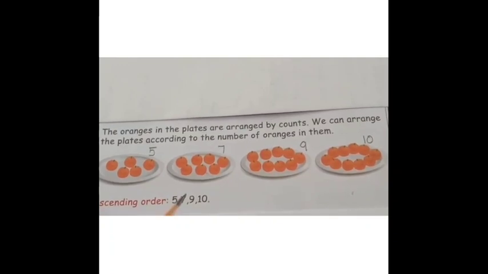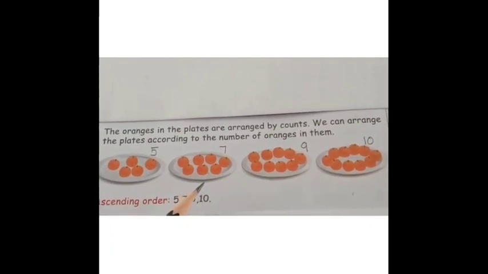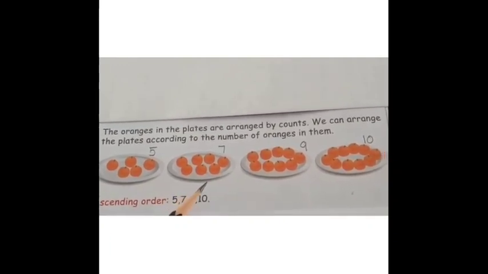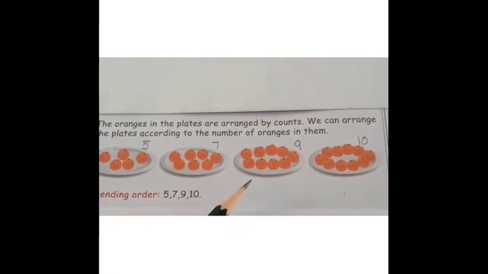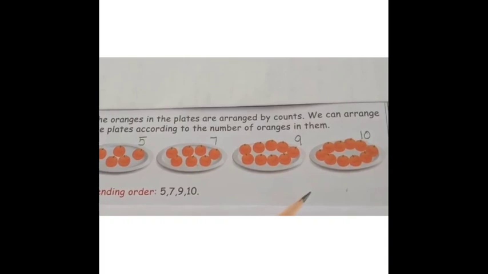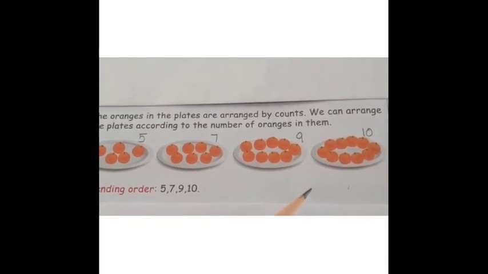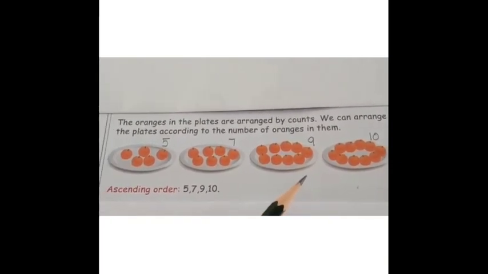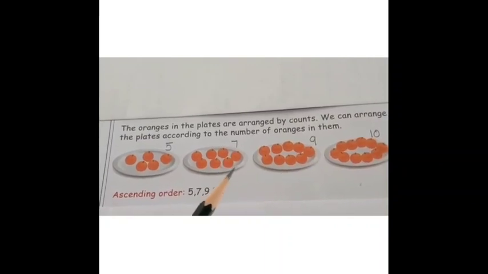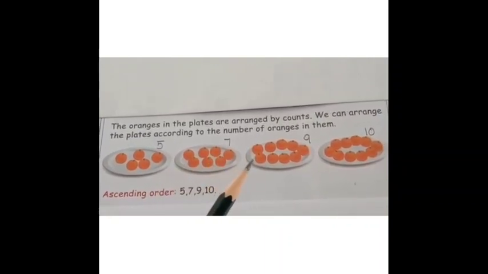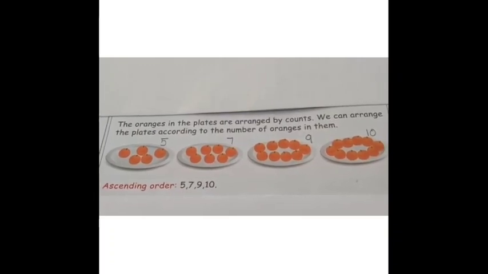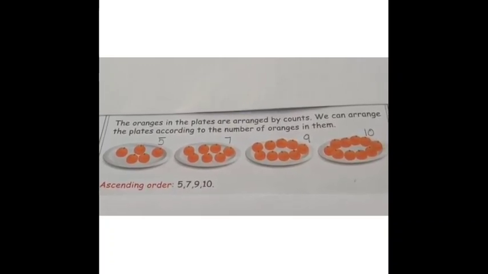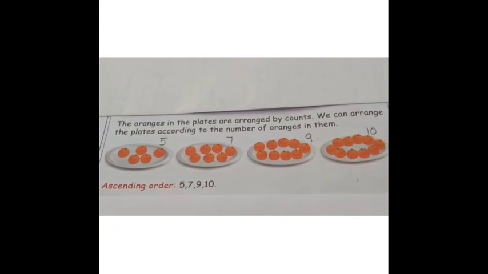In the second plate, there are 7 oranges. In the third plate, there are 9 oranges. And in the fourth plate, there are 10 oranges. Children, here the oranges are arranged in ascending order. That is, from the smallest to the biggest.